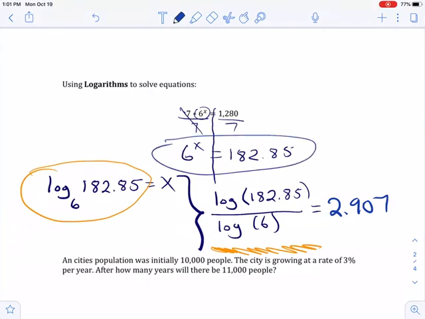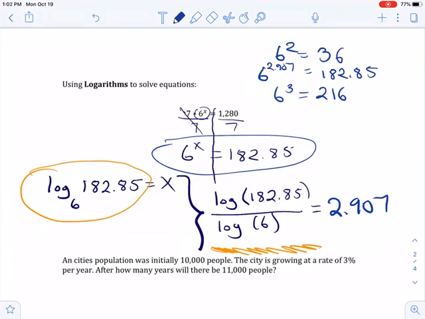So if I were to just test that out for reasonableness, we know that 6 squared is 36, so that would be a 2. 6 cubed gives me 216. So if I am trying to thread the needle and hit this 182.85, that has to be 6 to the 2.907 is what we just found out. So we were able to calculate that exponent.